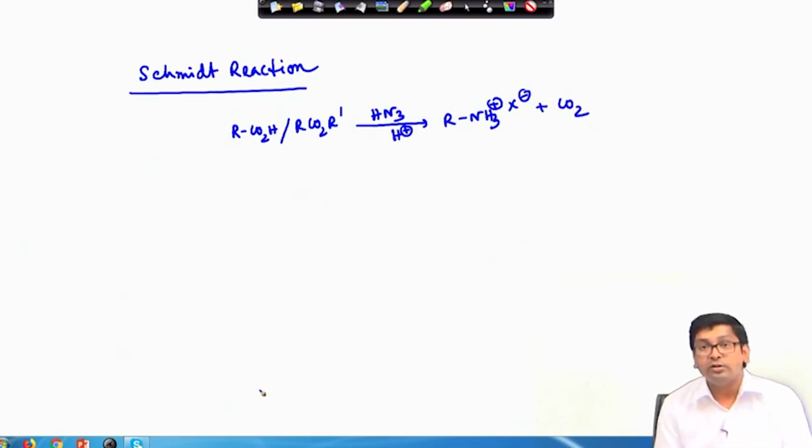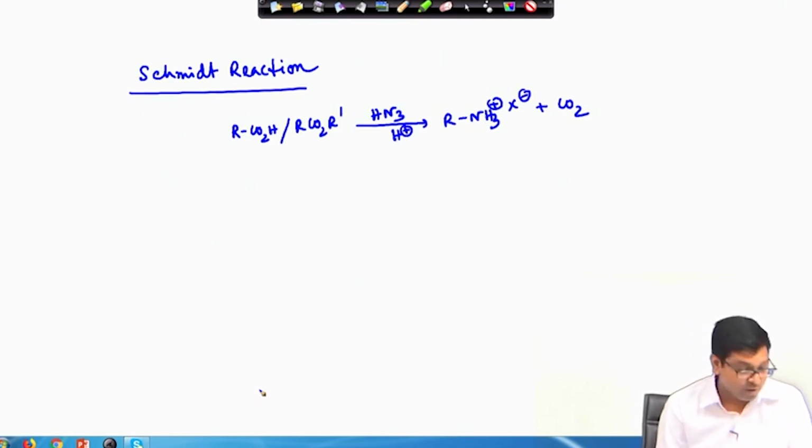In this case also the leaving group is nitrogen, and the main reaction is happening through this 1,2 migration.